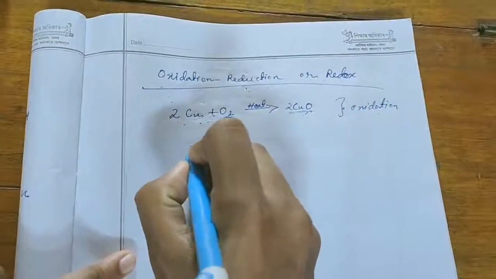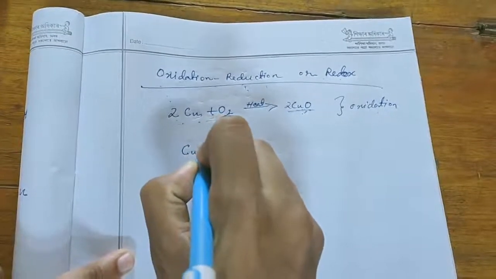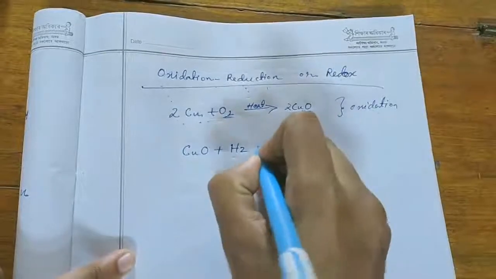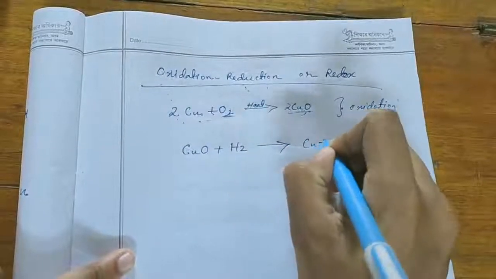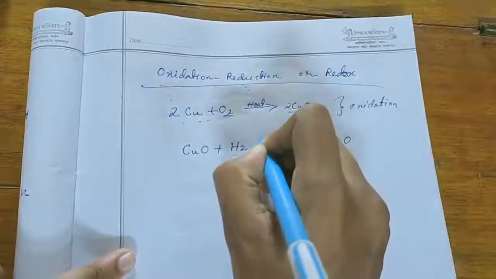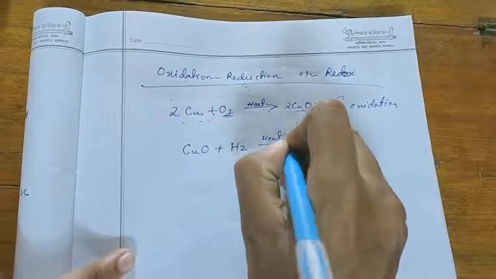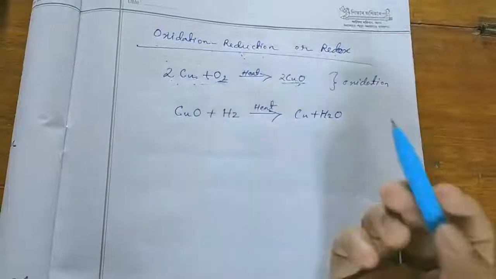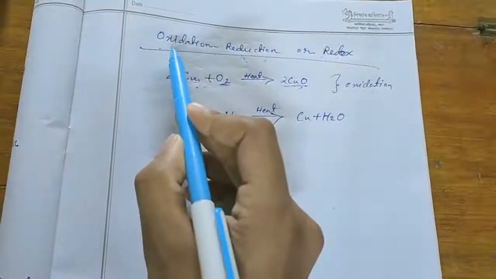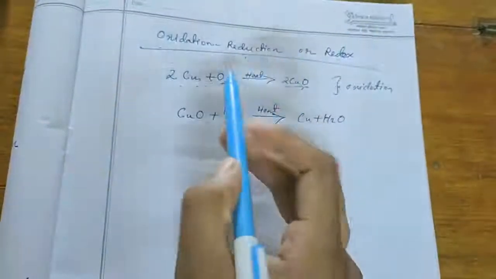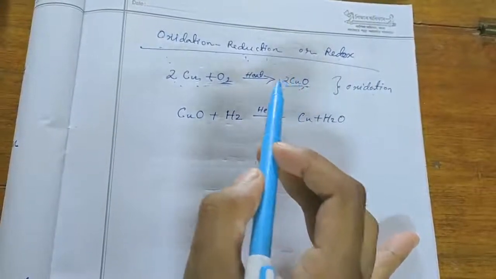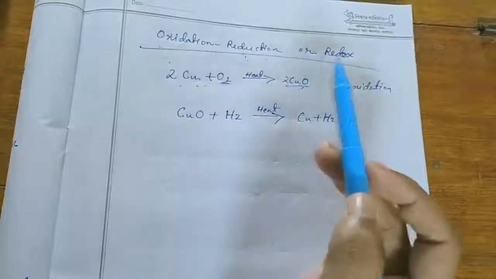Then see this example, CuO plus H2 gives Cu plus H2O. Now see here, oxidation is the gain of oxygen. When in a reaction gain of oxygen happens, we call it oxidation reaction.